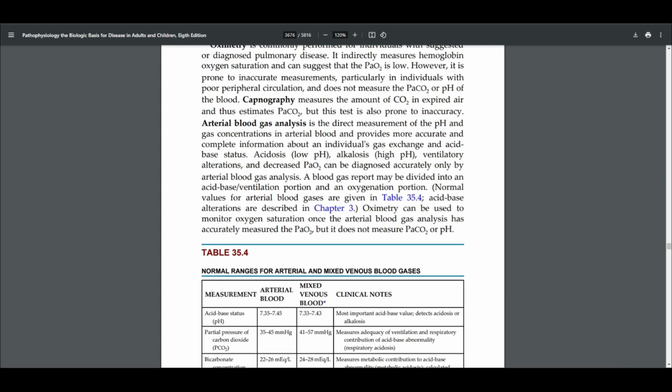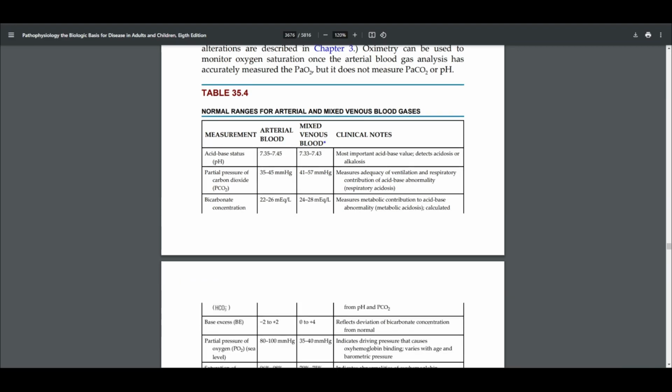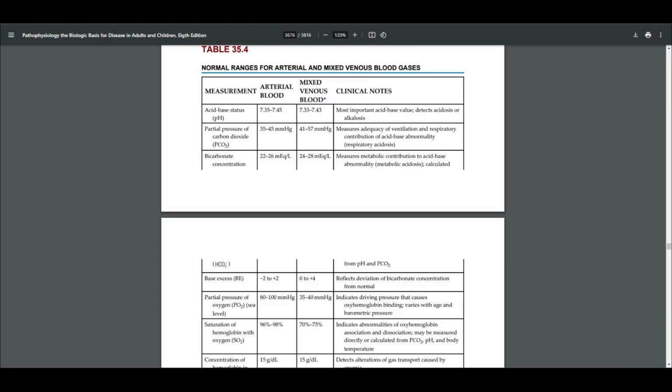A blood gas report may be divided into an acid-base ventilation portion and oxygenation portion. Oximetry can be used to monitor oxygen saturation once the arterial blood gas analysis has accurately measured the PaO2, but it does not measure your PaCO2 or pH. And then we have our acid-base measurements.